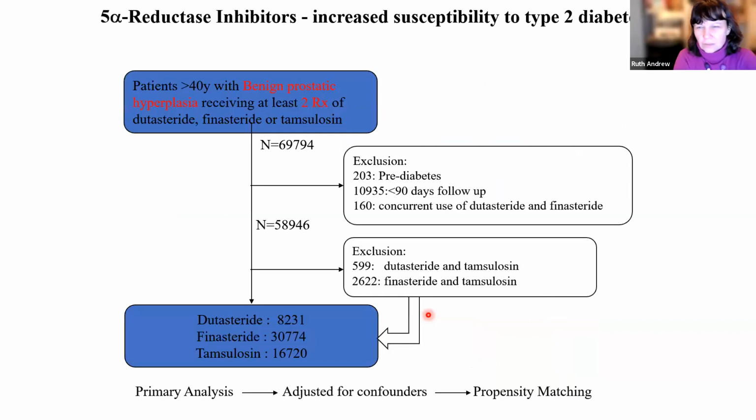So our next step was to look at a population level, where we studied men receiving these drugs for benign prostate disease over a period of roughly 10 years. That was the first study we did. We studied a population database called the CPRD database, which is a prescribing database in the UK, identifying the men that were taking these drugs, the same groups again, the dutasteride, finasteride and tamsulosin, cleaned up all the data, adjusted for confounders like drug treatment, social deprivation scores.